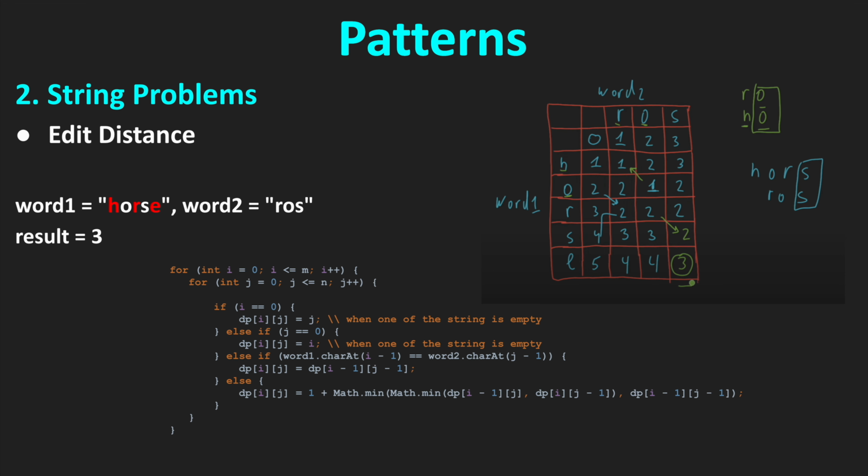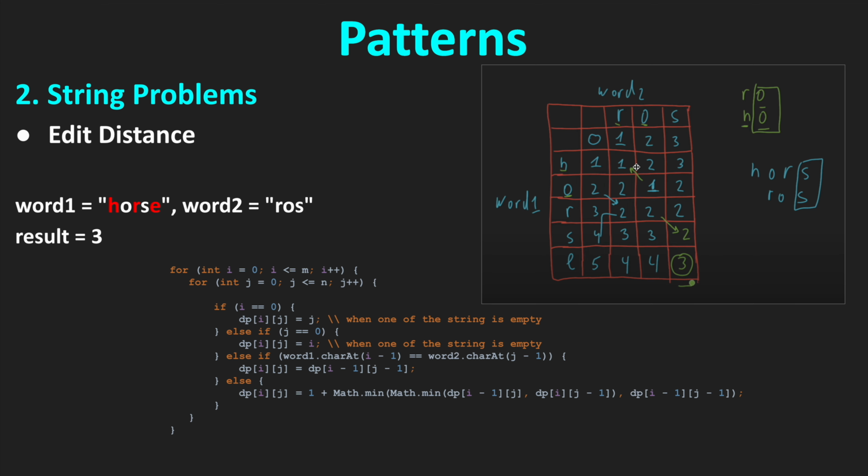So solution-wise, again, what we are doing here, right? We are checking for base cases, for when one of the strings is empty, and if the characters are equal, then we are just taking the value from here, as we have seen in the case of the RO and the HO.